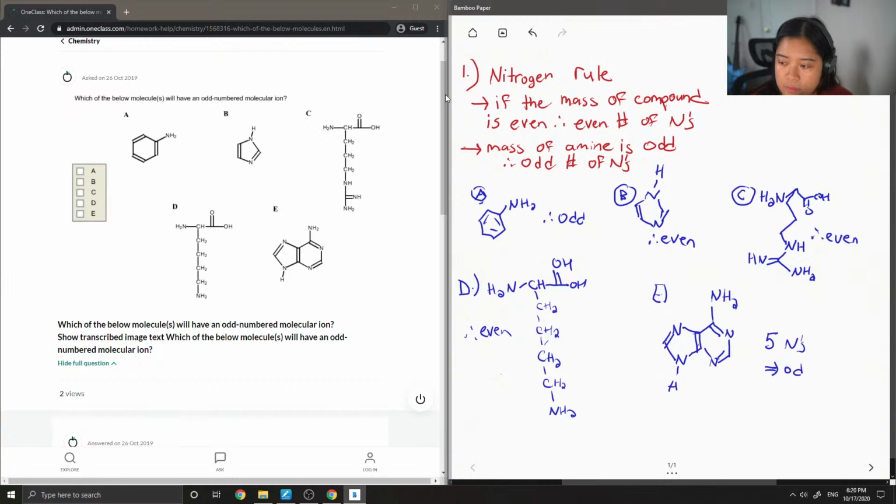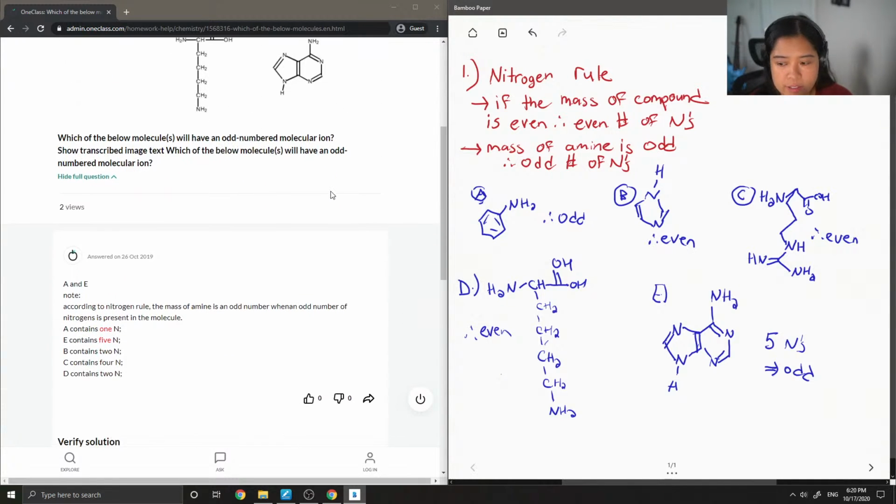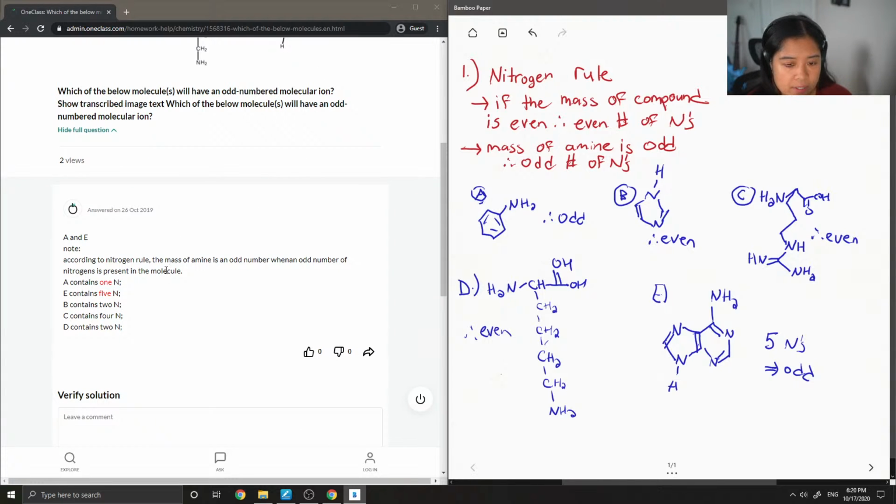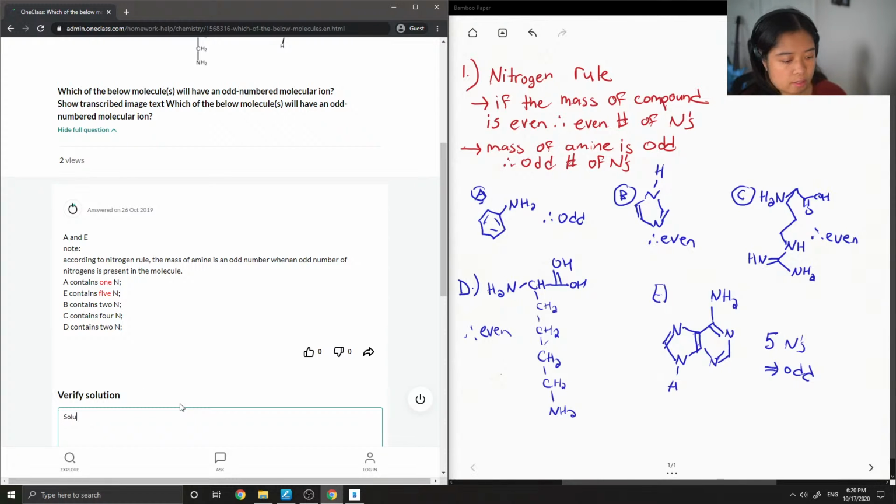So therefore this one is an odd-numbered molecular ion. Then let's check the answer our junior tutor said. According to the nitrogen rule, the mass of amine is an odd number where an odd number of nitrogens is present. So only A and E are the odd-numbered molecular ions, and then B, C, and D are all even. So this solution is correct.